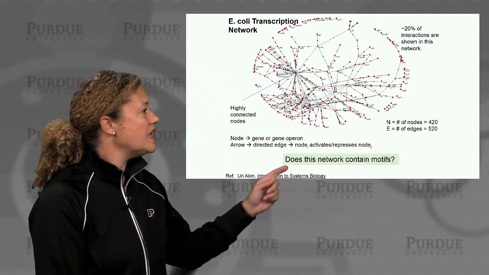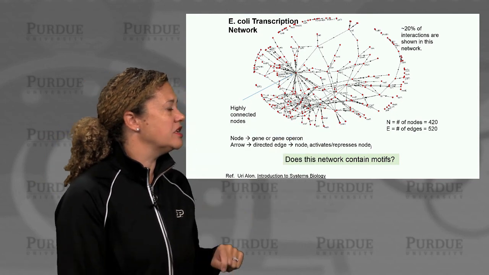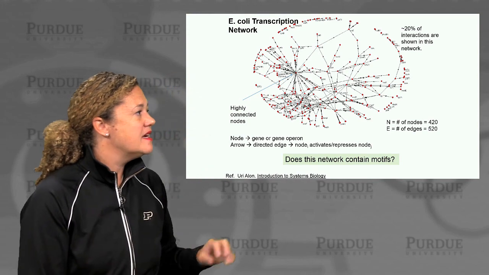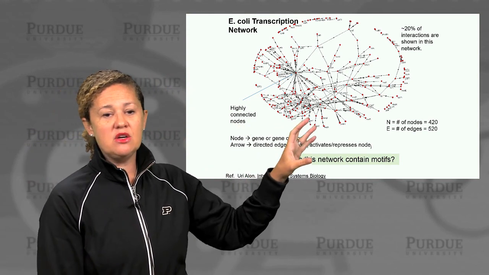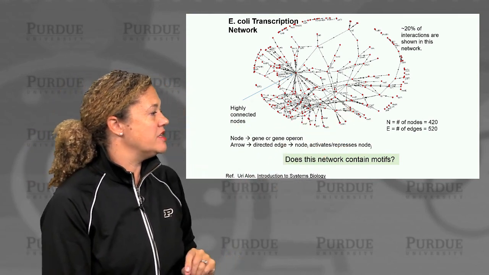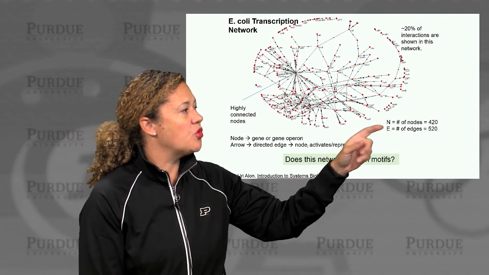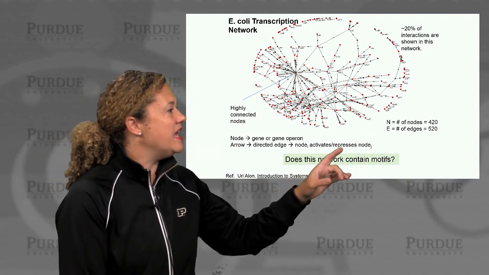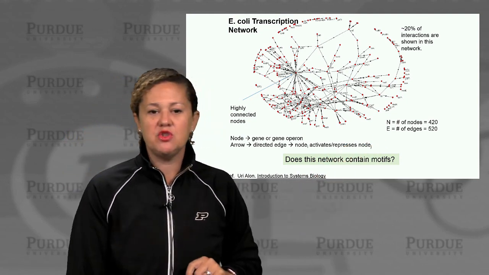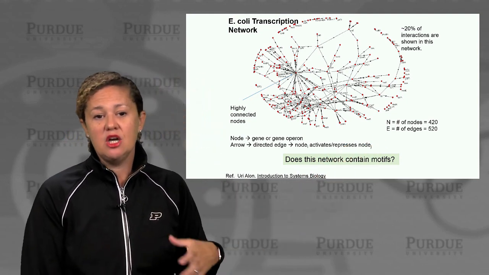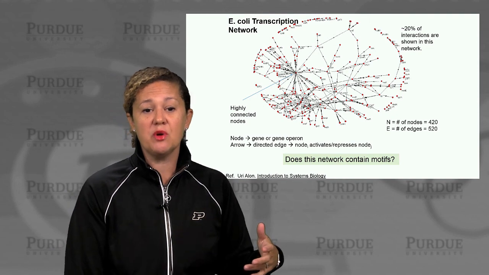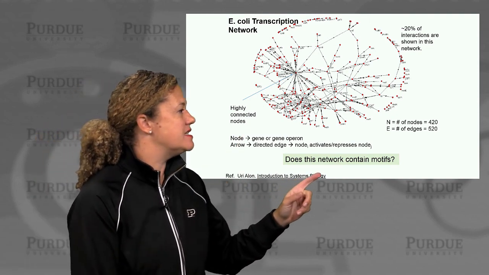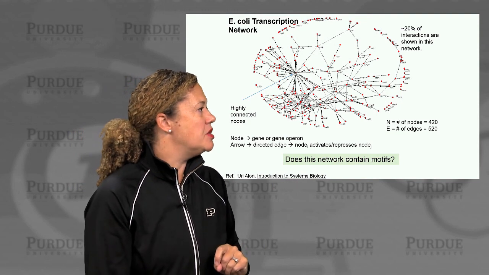The particular network we're looking at represents about 20% of the interactions known in E. coli. It contains about 420 genes or operons with about 520 edges, gene activation and gene repression interactions. And so we can ask the question, does this network contain motifs?